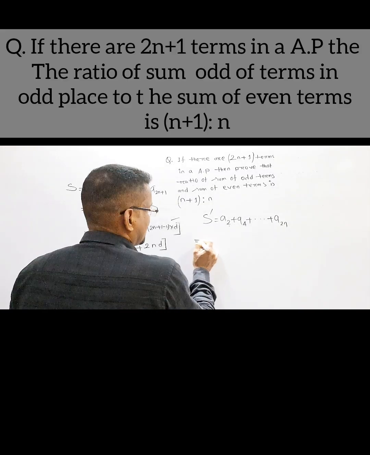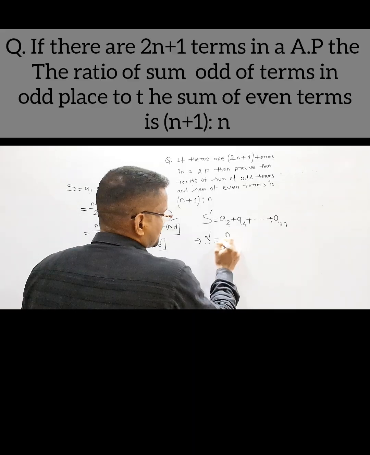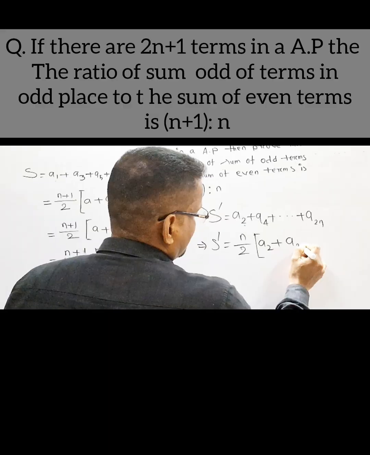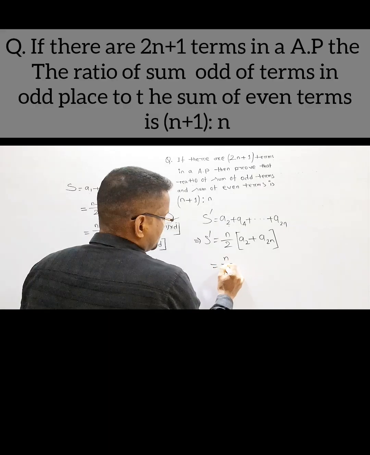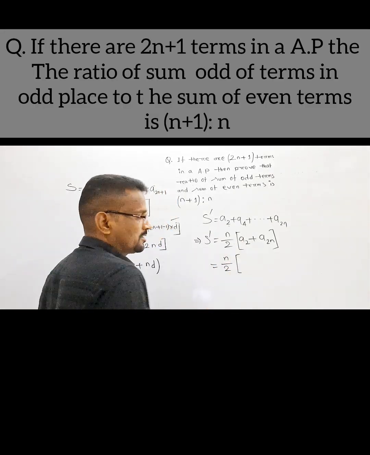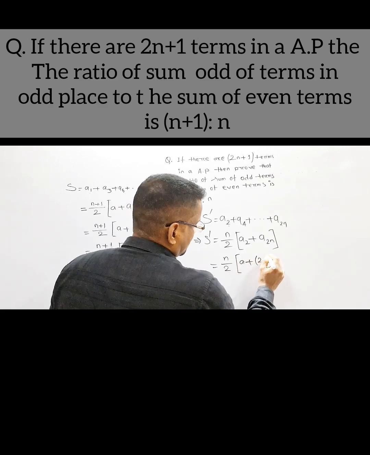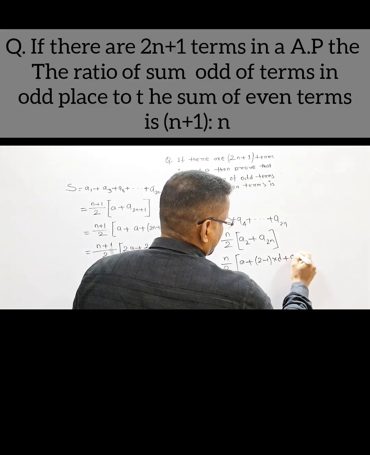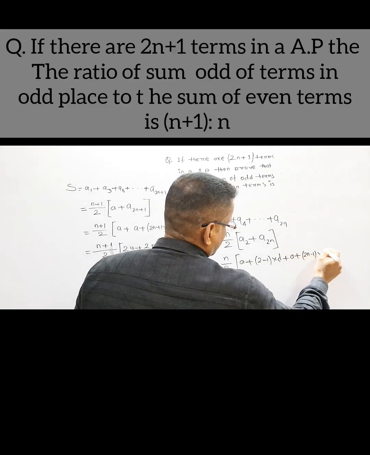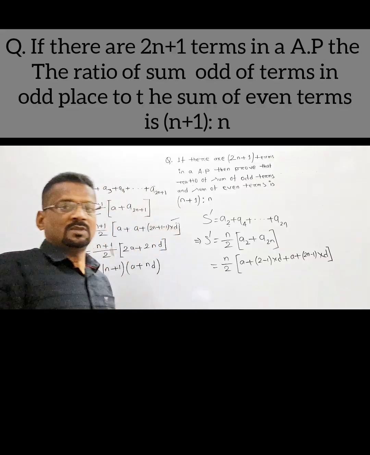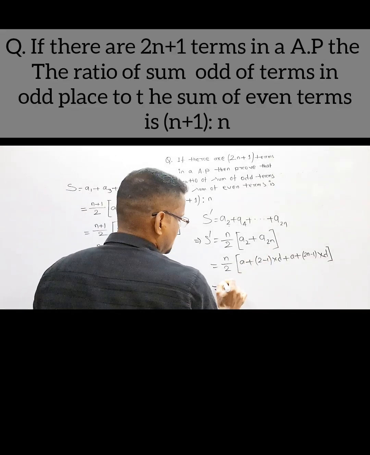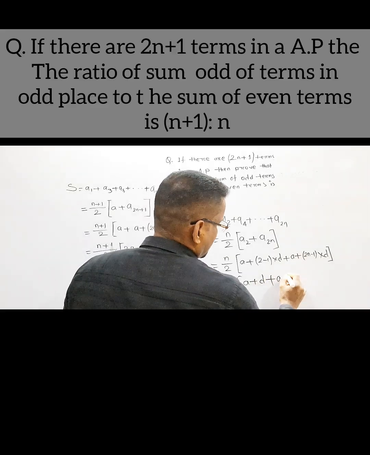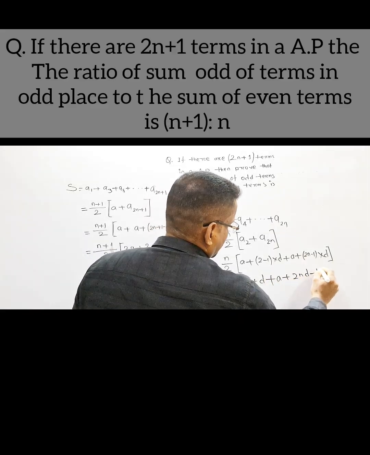Okay, now let us write the sum S dash equals number of terms by 2 into first term plus last term, that is a2 plus a_(2n). Now just use the formula: a2, second term, is a plus (2 minus 1) into d, and a_(2n) means a plus (2n minus 1) into d. So simplify this: n by 2 into (a plus d plus a plus 2n d minus d).